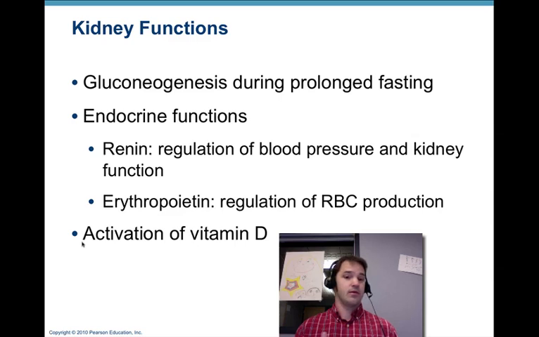We remember these from Chapter 16, the endocrinology chapter. Erythropoietin is involved in the stimulation and regulation of red blood cell production, and renin is a hormone that causes a cascade of events that helps to maintain blood volume and blood pressure.